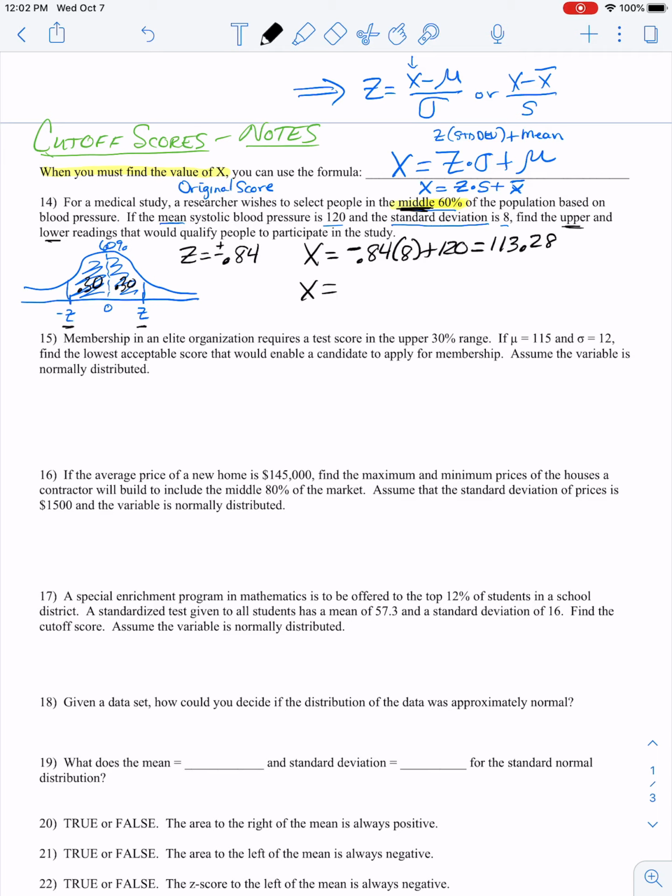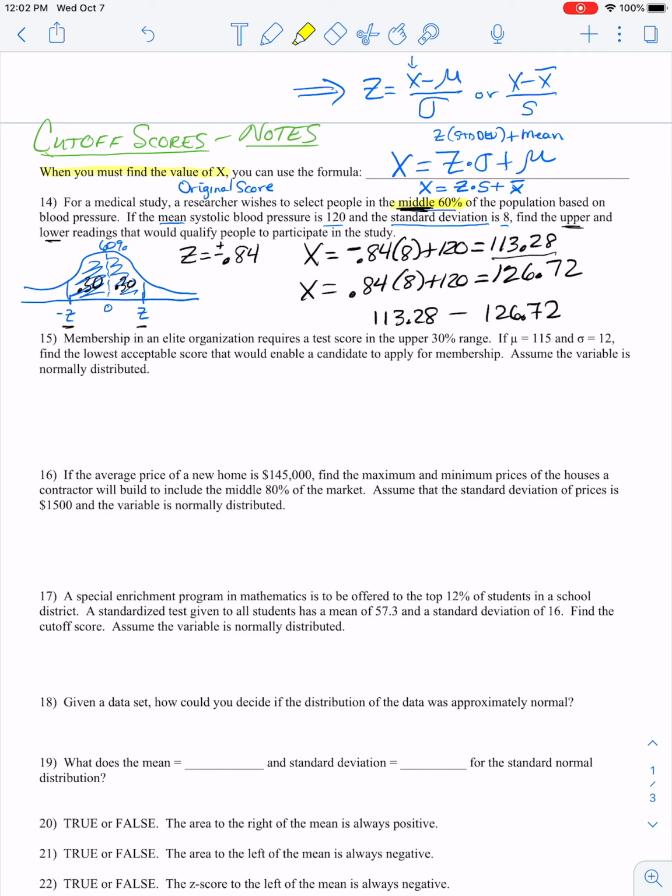To get the upper reading, I'll use positive 0.84 times 8 plus 120, and the upper reading is 126.72. So then we've answered the question: the readings are 113.28 and 126.72. Okay? All right, let's go again.